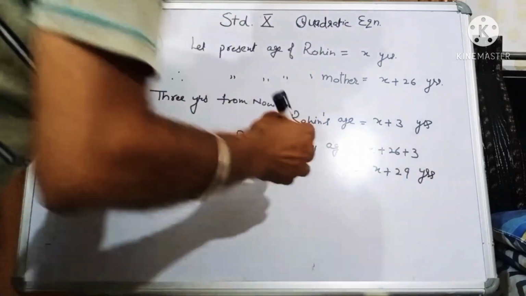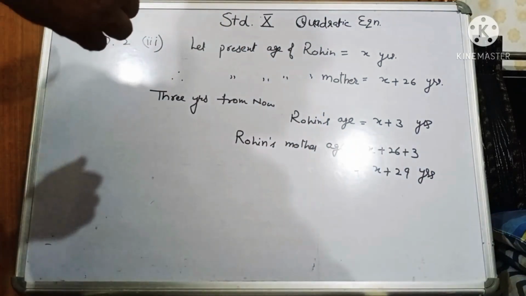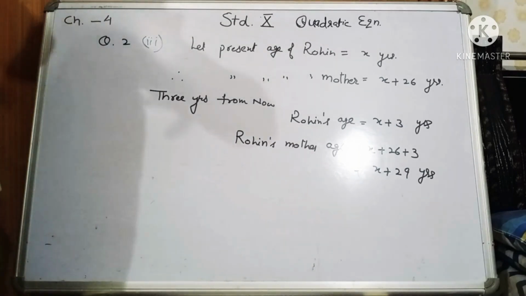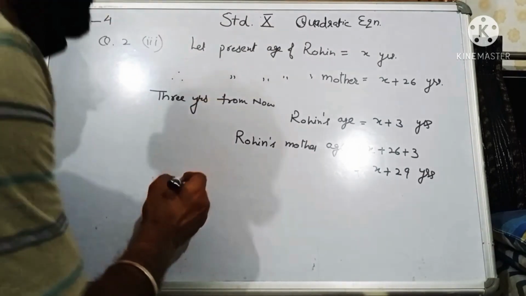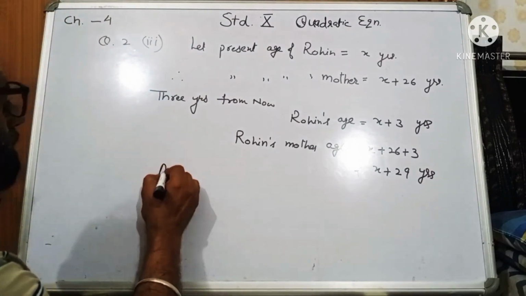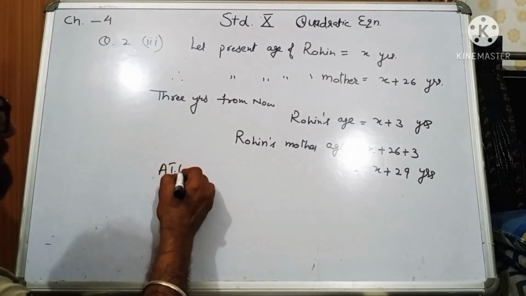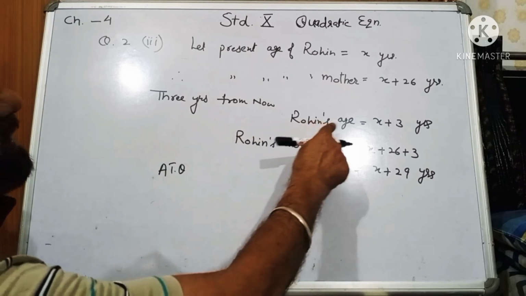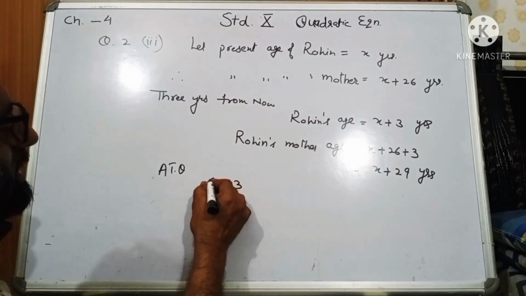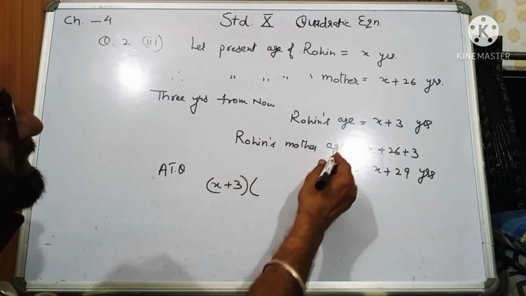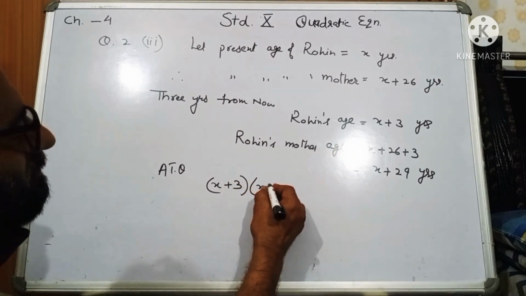Now the product of their ages will be 360. So according to the question, we will write Rohan's age x plus 3 into Rohan's mother's age x plus 29.